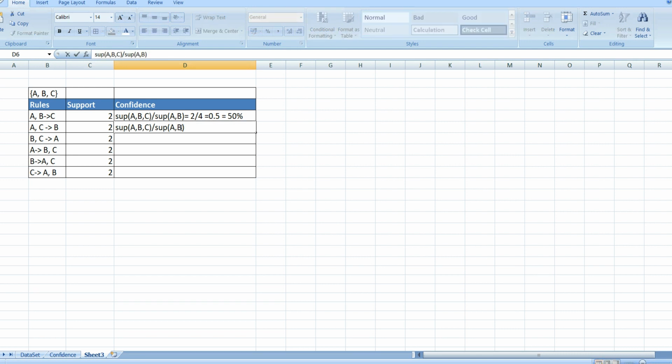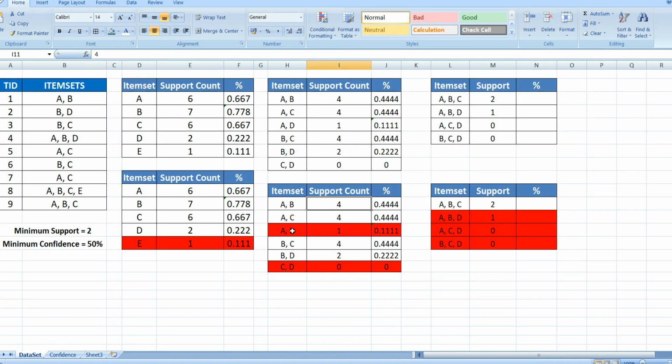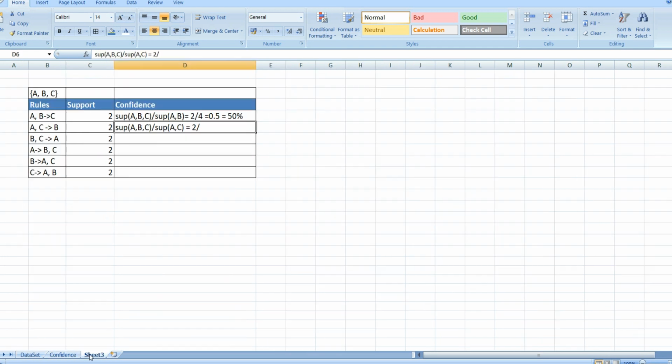This time it is A and C. We take 2, which is our support from this, and then we look for the support of C from our previous table where we have A and C being another 4. So this gives us a 4 and the result is 0.5, which again gives us 50%.